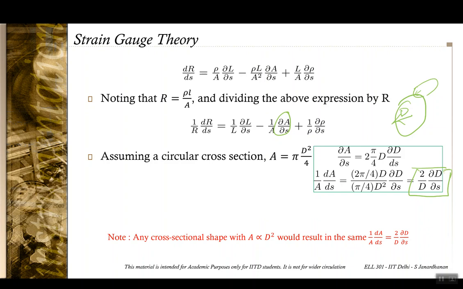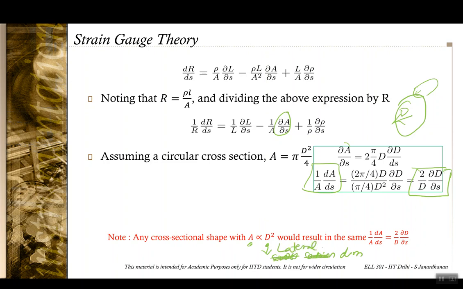Note that this sort of relationship is not confined to only circular cross-section. It is valid for any cross-sectional shape where the area is proportional to the square of the cross-section dimension or lateral dimension.